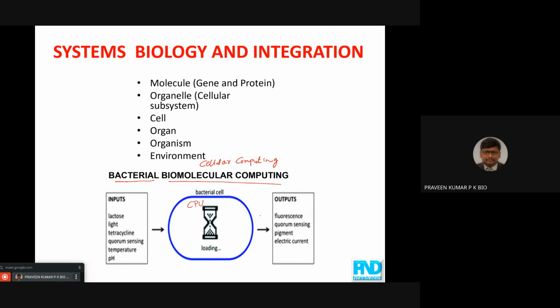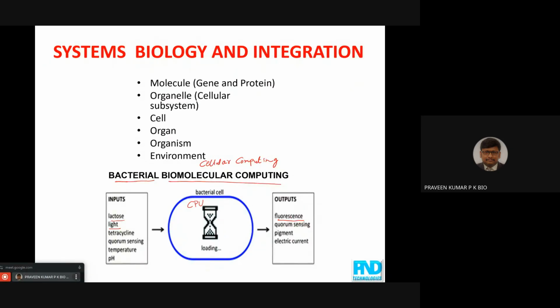We can also link this with neural networks. We can correlate the inputs, weights, etc., and use a correlation to calculate the corresponding output. For example, what is the amount of fluorescence a bacterium can exhibit based on the uptake of light as well as the uptake of lactose?